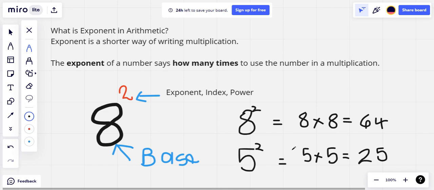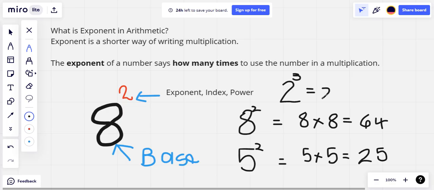Our exponent, sorry, doesn't necessarily have to be a 2. All right. So let's look at this 2. This is our base. And we can say 3 times. Okay. So we know our answer for that. Let's do that.